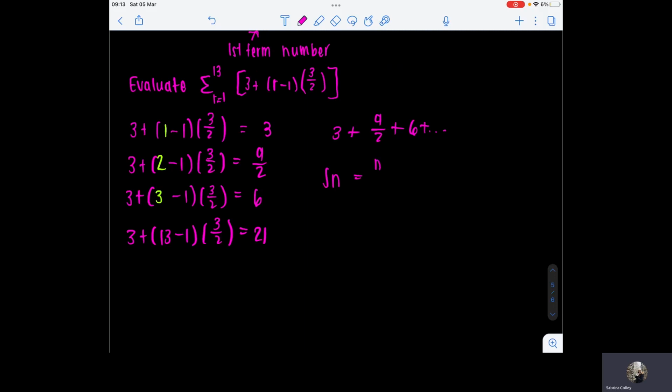So it's going to be n times a plus l over 2. So Sn, I'm looking at the sum up until the 13th term, so the n will be 13. A we've said is 3 plus my last term, which is 21, over 2. So that will be 156. So it will add up to 156.